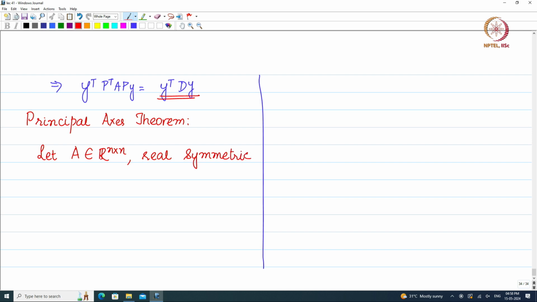I have already used A as R n by n, so I can remove the word real because it is already going to contain real values. So, I will say let A, n by n, be a symmetric matrix.